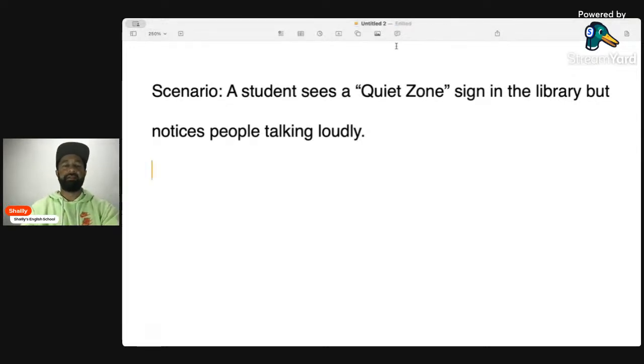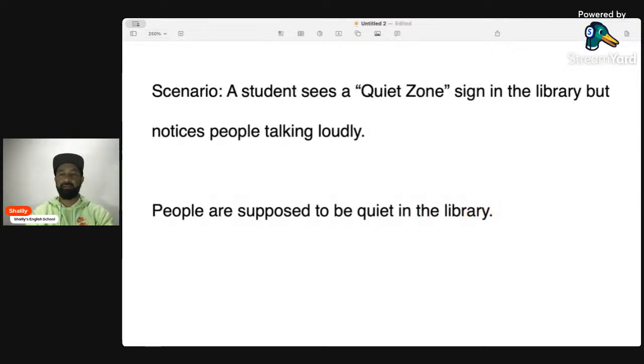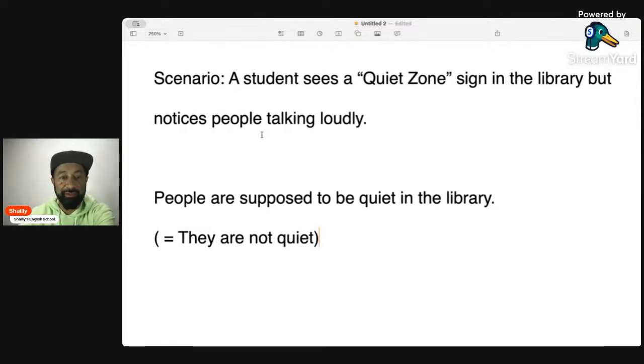For me, people are supposed to be quiet in the library. This equals they are not quiet. As you can see, people are talking very loudly. But in fact, people are supposed to be quiet.